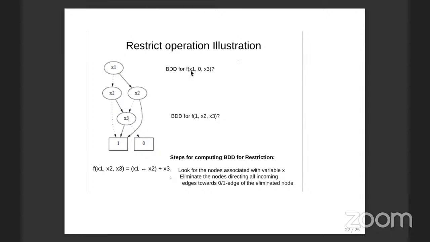Given a BDD for a function of three variables, x1, x2, and x3, represented here on the left side, which denotes the function given by the expression on the right-hand side of the equation, you want to construct a BDD which represents the restriction of this function by restricting the second argument x2 to 0.